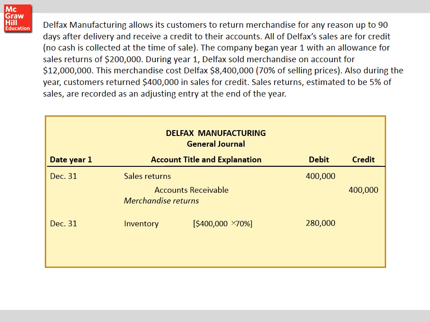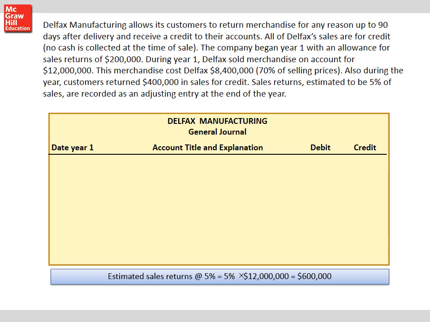Inventory is debited for $280,000, or 70% of the selling price. Cost of goods sold is credited for $280,000. At the end of the year, the company estimates their returns will be $600,000, 5% of the $12 million in sales for the year.